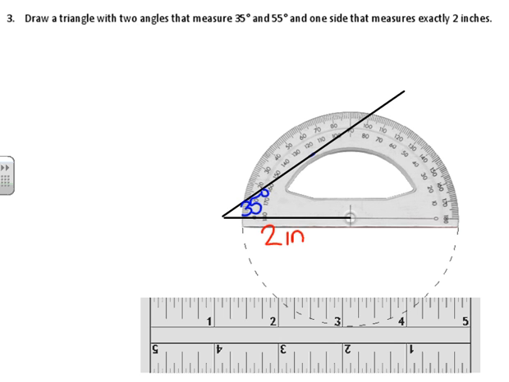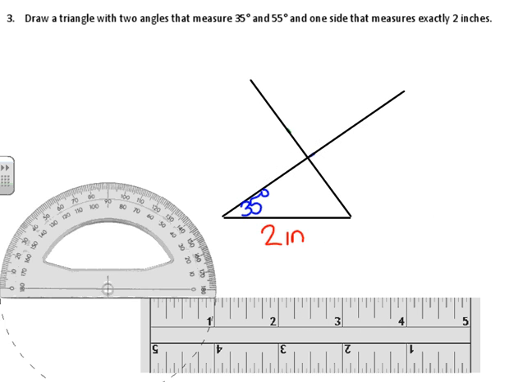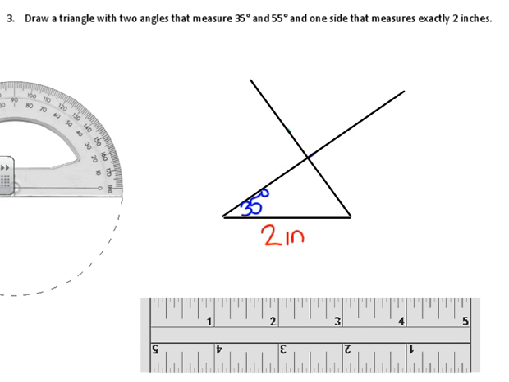I'm going to use the other side of the protractor since I want the acute angle, and go back the other way. Ended up off just a little bit. All right, move your protractor out of the way and label this one 55 degrees. Now, it's okay if your lines overlap like that. If you are really particular, you can always erase the extra part. Either way would be fine.